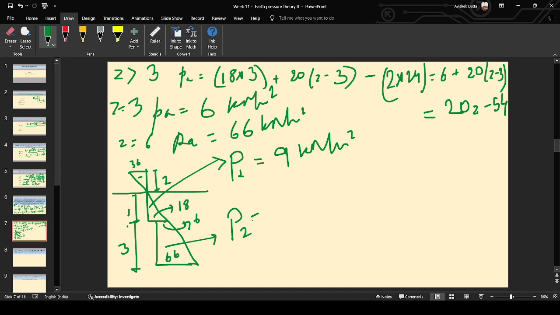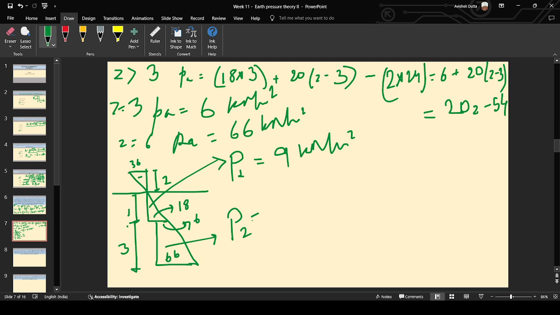Now we have got the two values of force per unit meter and their respective points of application. So total pressure P will be equal to P1 plus P2. That will be equal to how much? 117 kilonewton per meter. And how to find out the location?